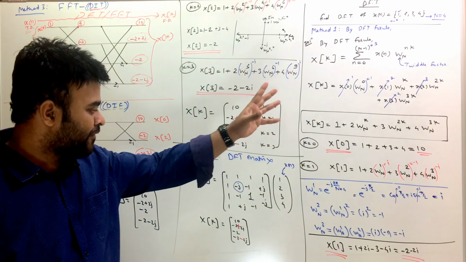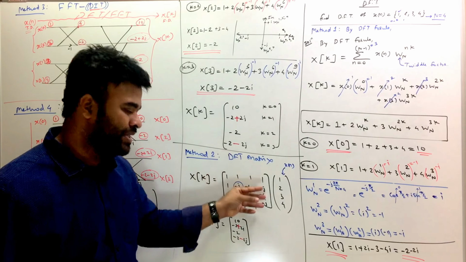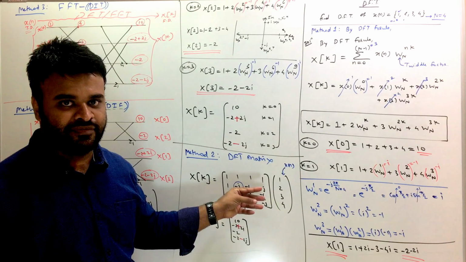Then from the formula we derived a DFT matrix, and then we can simply multiply the DFT matrix with the signal x of n given to us, and you can find X of k that way. Or you can use the fast Fourier transform. Fast Fourier transform is always in the form of a flow graph, and the flow graphs are of two types. One type is decimation in time, another type is decimation in frequency.